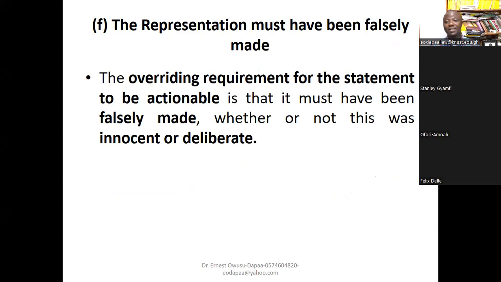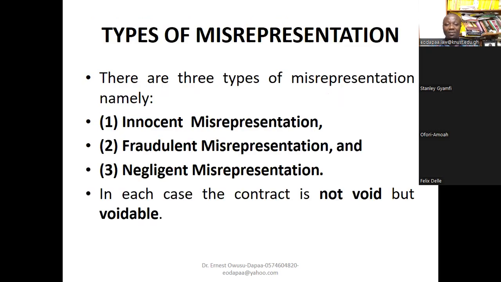Just to reiterate the points that we have made, in order to succeed in bringing an action for misrepresentation, the most important thing is that the statement made must have been false. And it does not matter whether it was innocent or deliberate or whatever. The most important thing is that the statement was false.